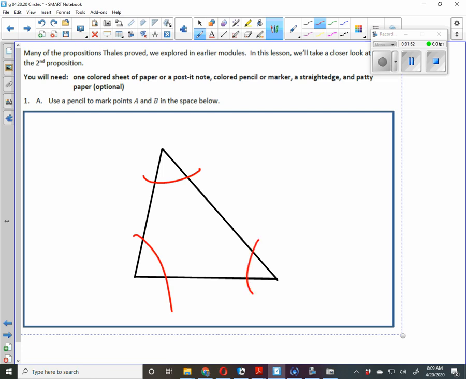And what you're going to find is that when you do that, those three angles put together add up to this, which is 180 degrees, which we already know, that the three angles of a triangle add up to 180 degrees. So hopefully that makes some sense.